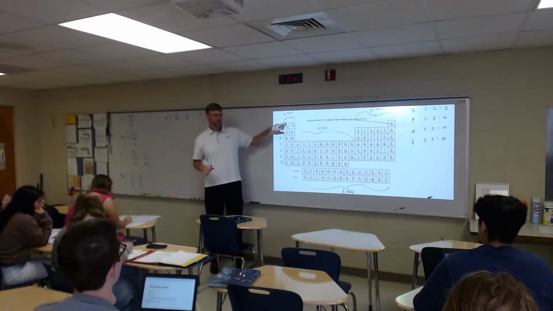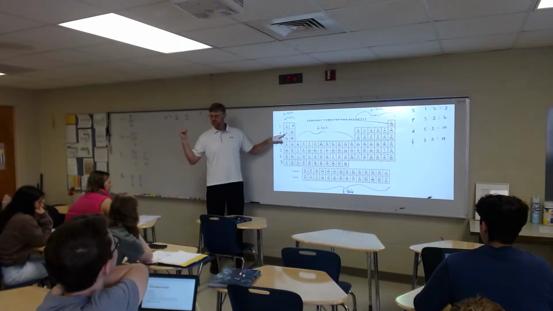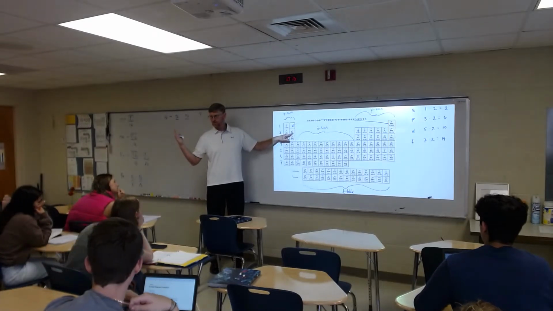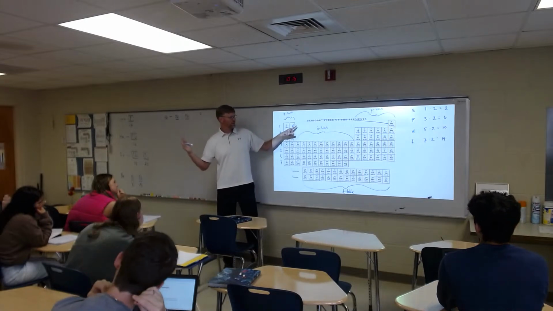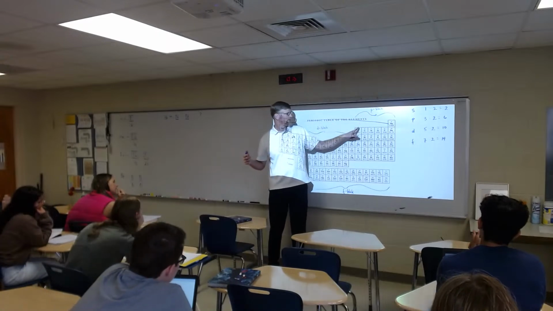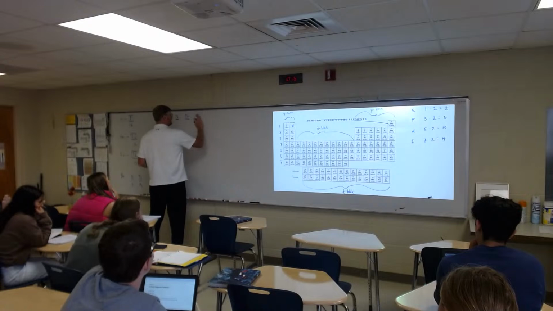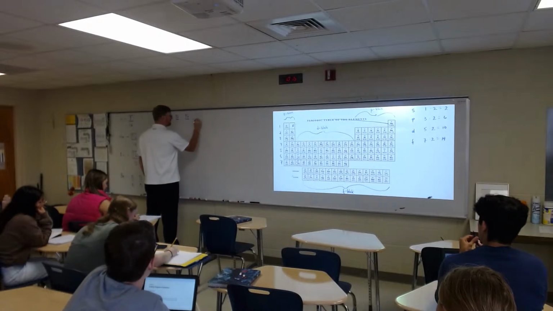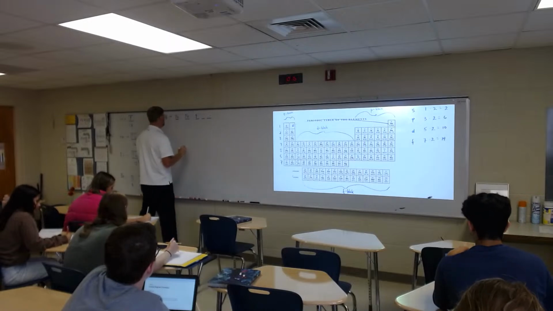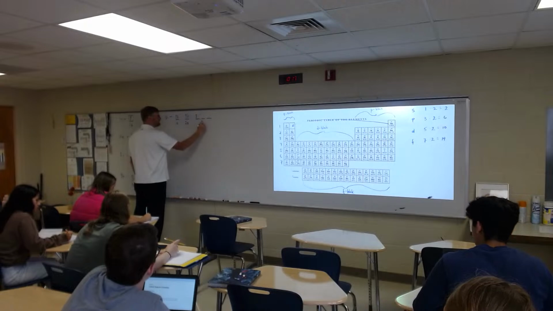After that, we went down to the 2s to get the place for lithium's 3rd electron and beryllium's 4th electron. To get boron's 5th electron, we're still on the 2nd row, but which block are we in? In the P block. All right, so there are 3 P orbitals, so we put 3 blanks. We put 1 electron right there. So this is the 1s, 2s, 2p.